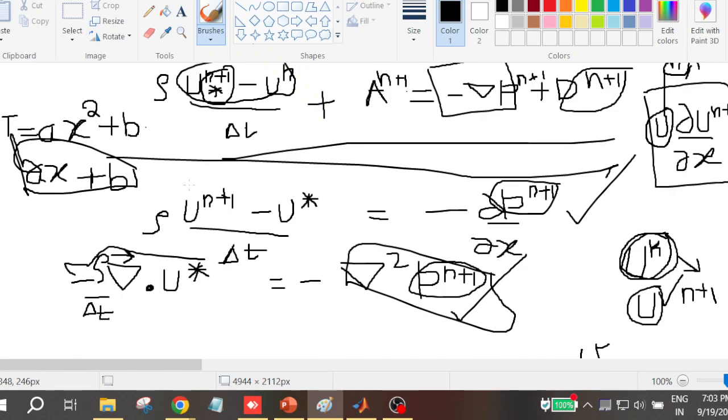What you will remain with is u^(n+1) minus u star and only minus dou p by dou x. This is for x momentum. So you will have u^(n+1) equal to u star minus dp by dx.